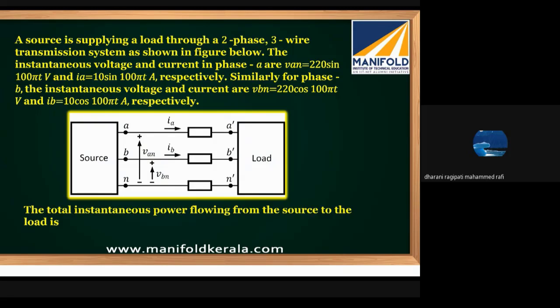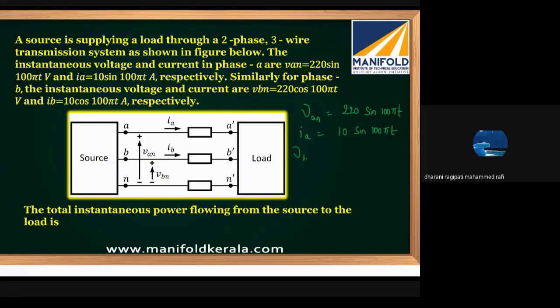In this transmission system, the voltage between the A phase and neutral is 220 sine 100 pi t, and the current flowing in the A phase is 10 sine 100 pi t.